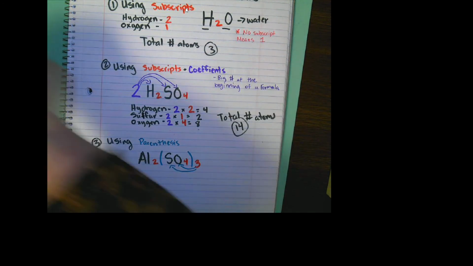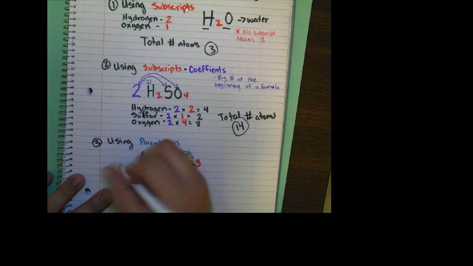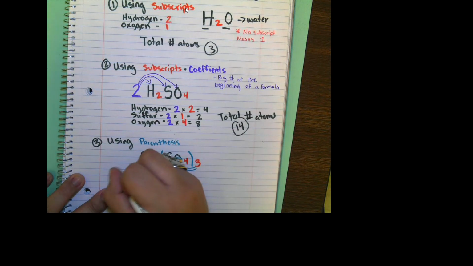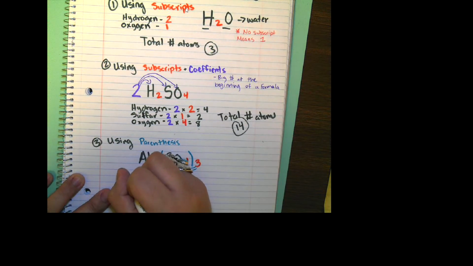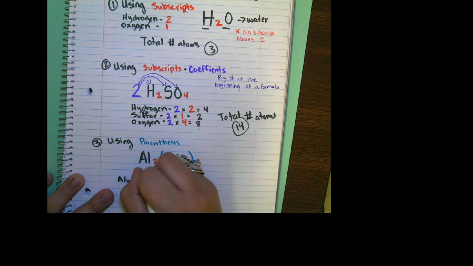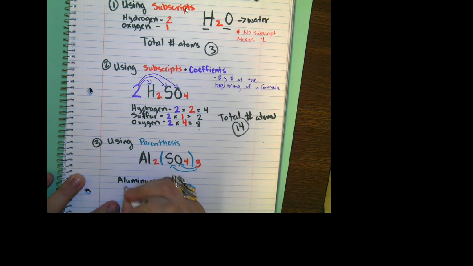All right, so I'm going to break down my elements. Al is aluminum. Sulfur is S. And then O is oxygen.